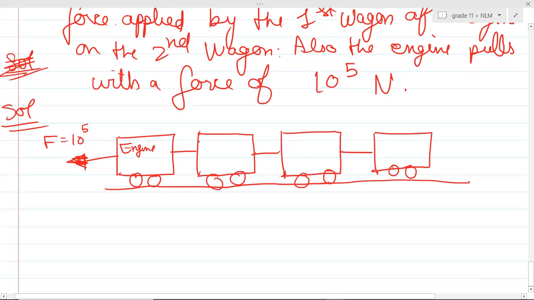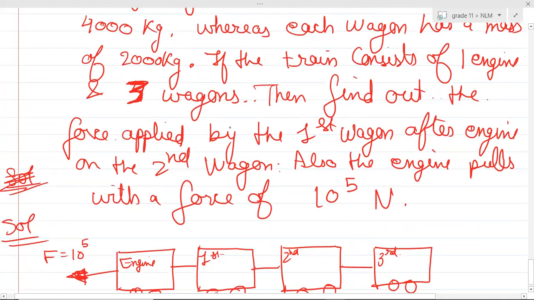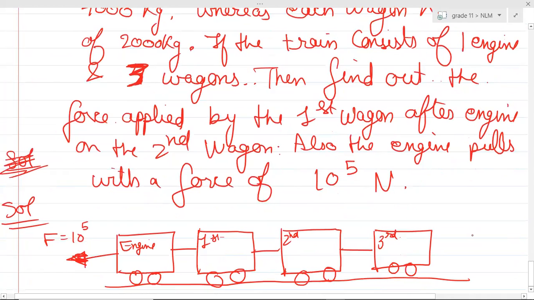This is the first wagon, this is the second wagon, and this is the third wagon. What are they asking? Find the force with which the first wagon applies on the second wagon. Basically they are asking you this force over here.